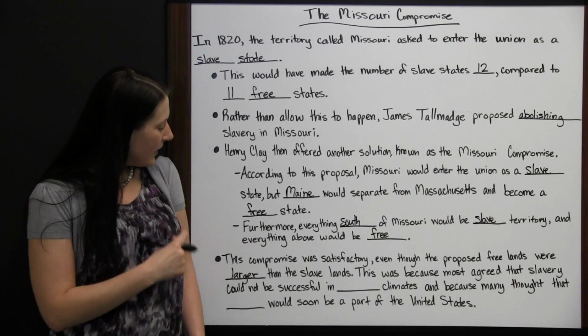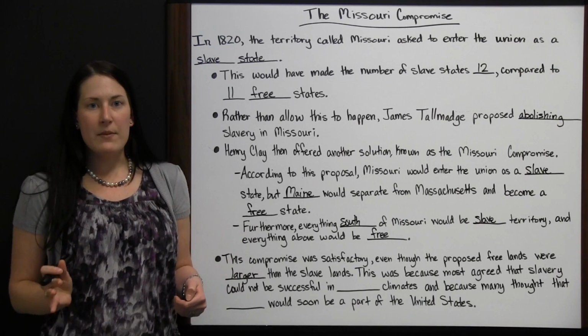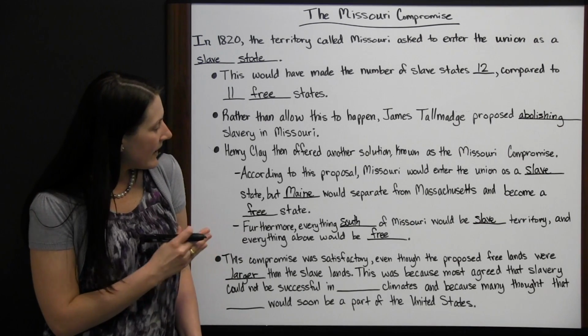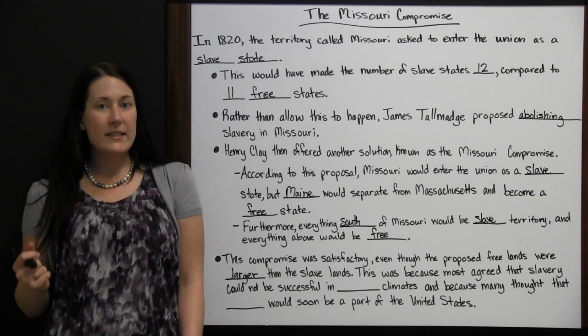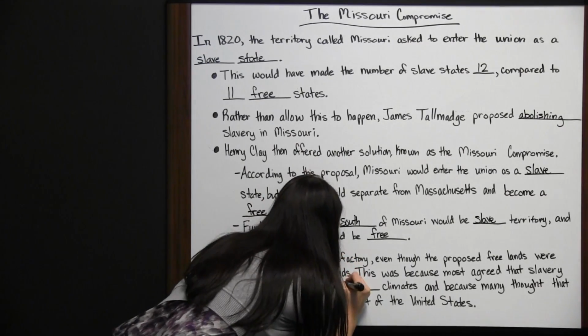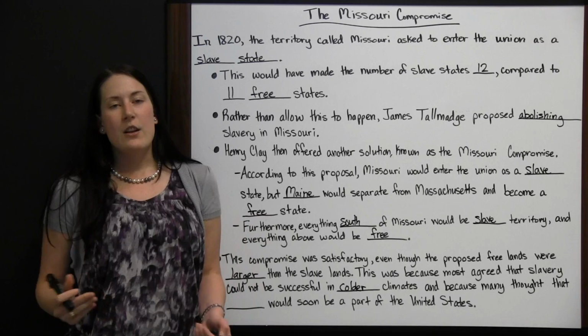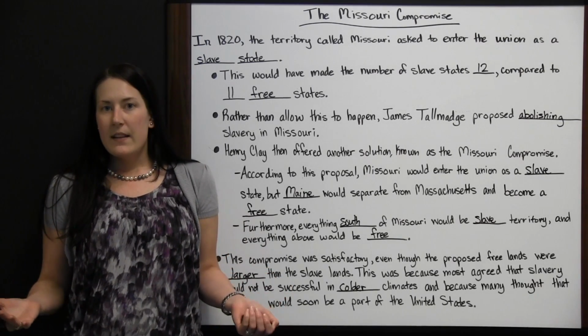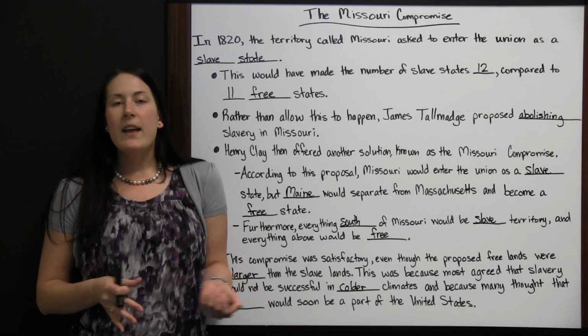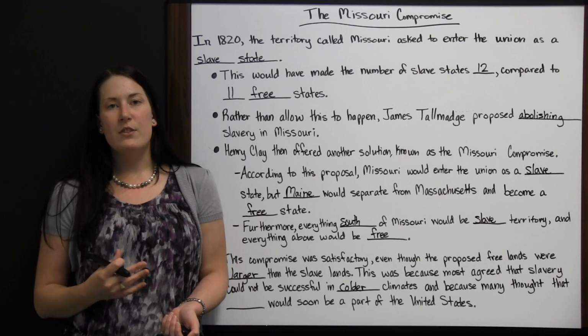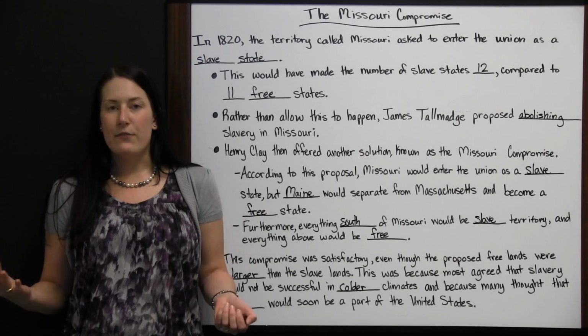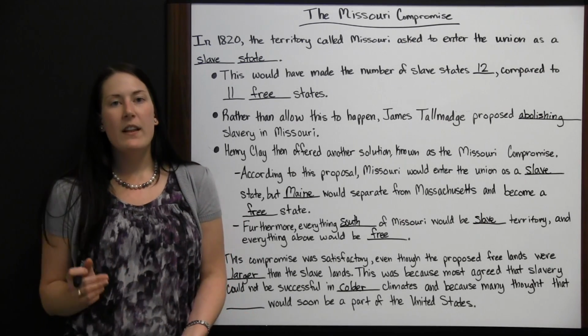But people had their reasons for being okay with this compromise. This was because most agreed that slavery could not be successful in colder climates. So if you move up north, it gets colder. And people thought, you know what, slavery's not going to be that successful up north anyway, so it's okay if everything north of Missouri is going to be a free state, because slavery wouldn't work there very well anyway.